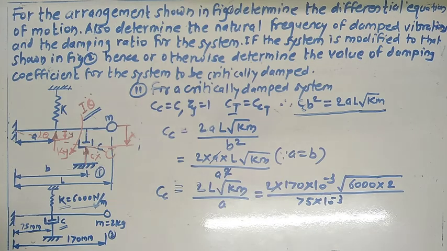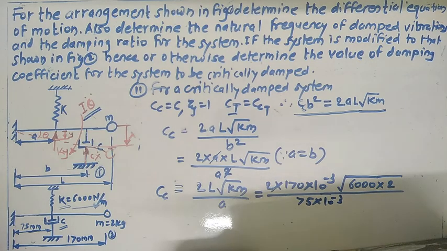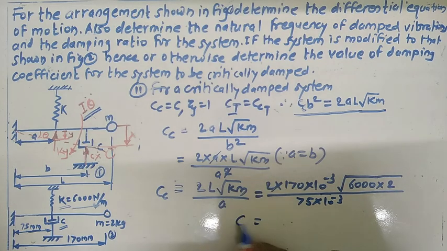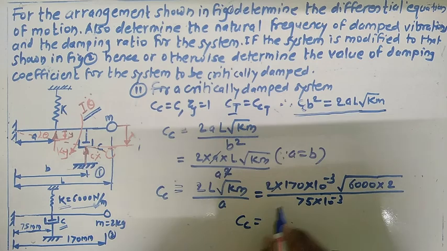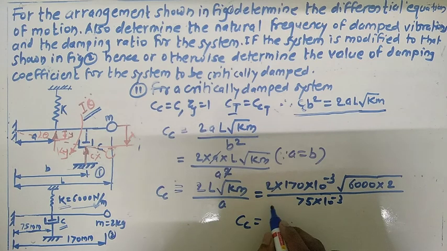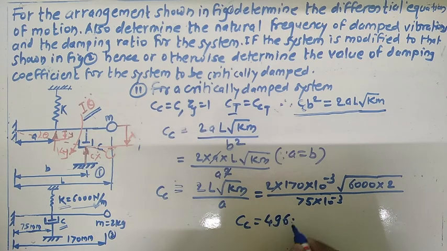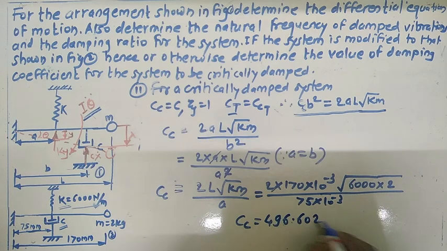In this way you get this step. After solving, cc equals 496.602 Newton second per meter.